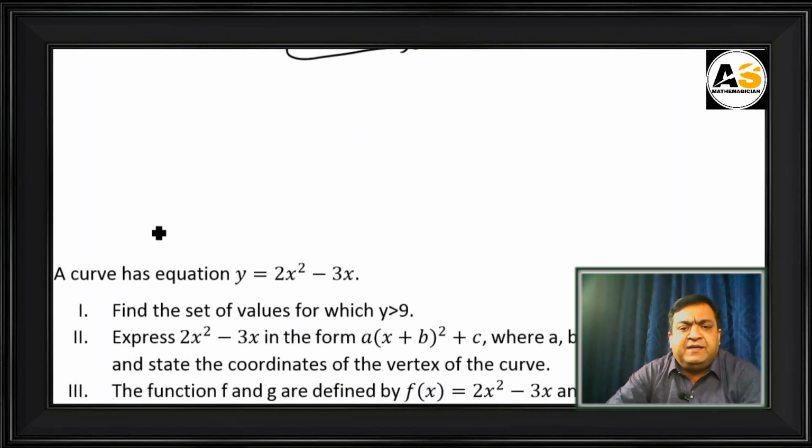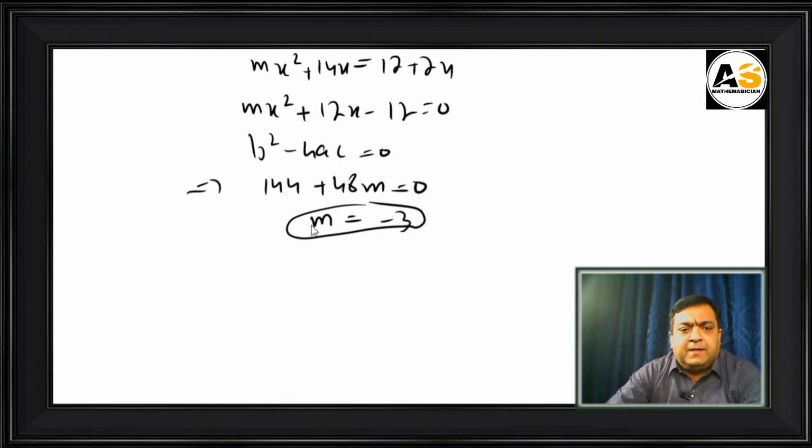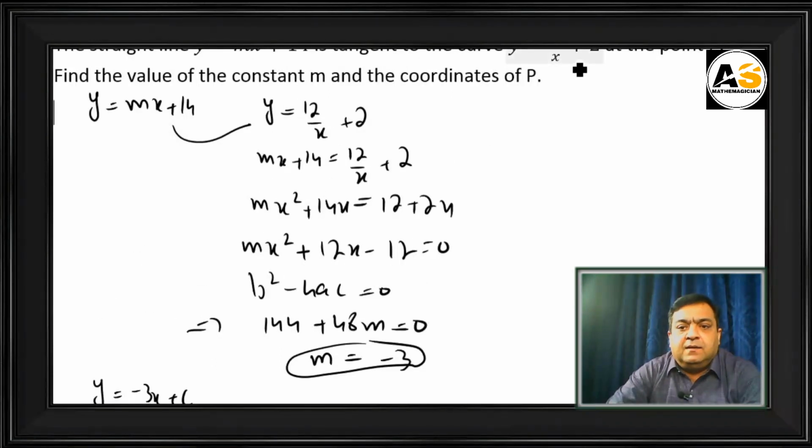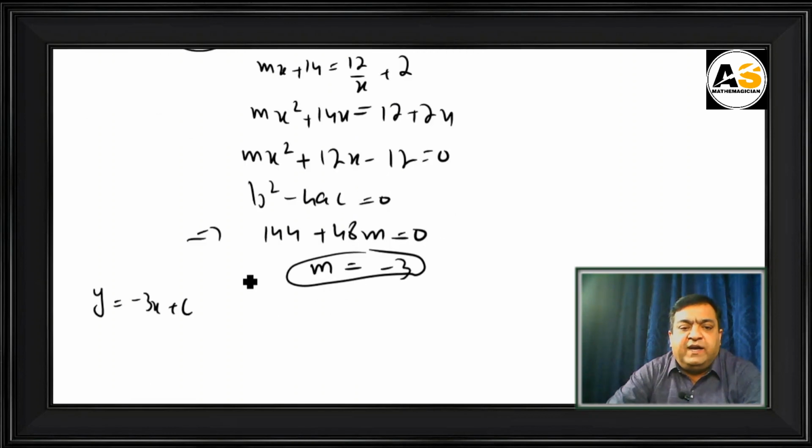By putting m is equal to minus 3, the line becomes y is equal to minus 3x plus 14, and the curve becomes y is equal to 12 over x plus 2.